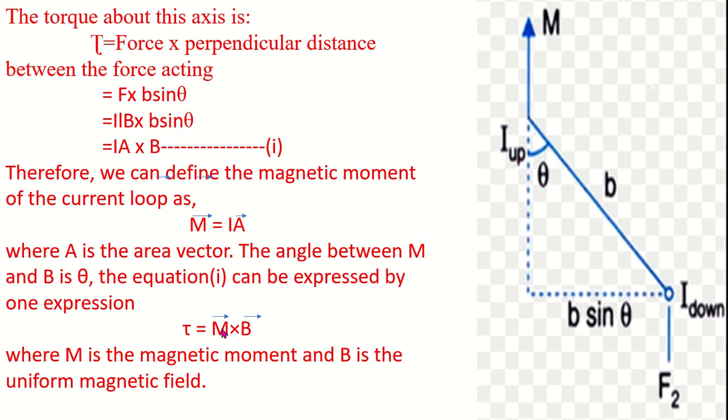Magnetic moment is the product of the current that is flowing through the coil and the area vector. So tau equal to magnetic moment cross magnetic field intensity. Okay, so this is all about torque on a current carrying coil. I think you understood.